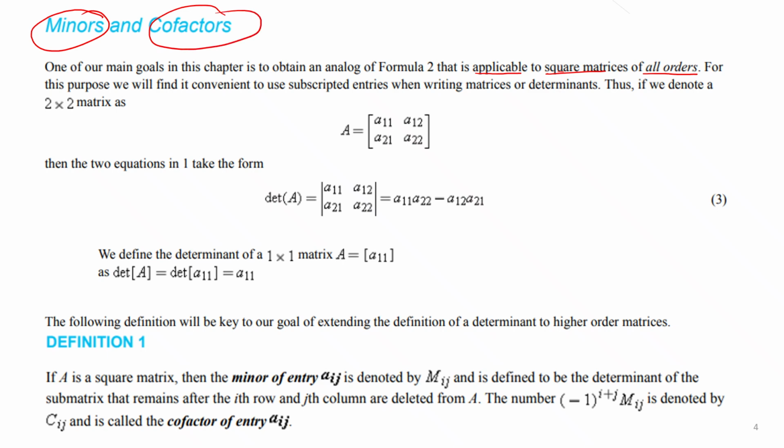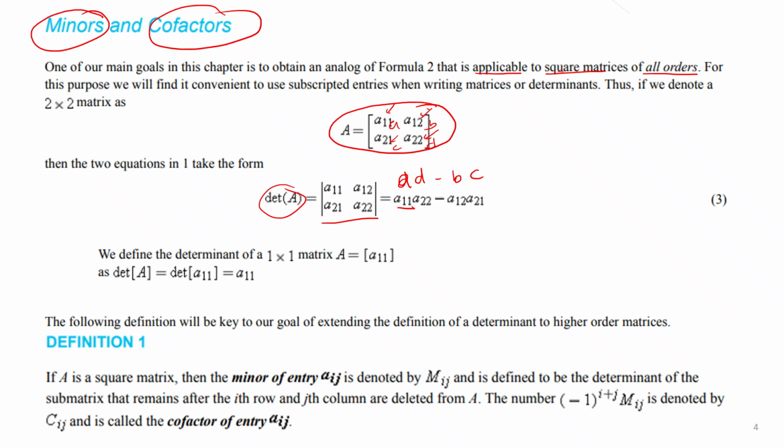So, take the example of the matrix that we had earlier, matrix A, where each entry is denoted as A11, A12, A21, A22. Now to calculate the determinant of A using these symbols, you have AD minus BC, that is, A11 multiplied by A22 minus A12 multiplied by A21.